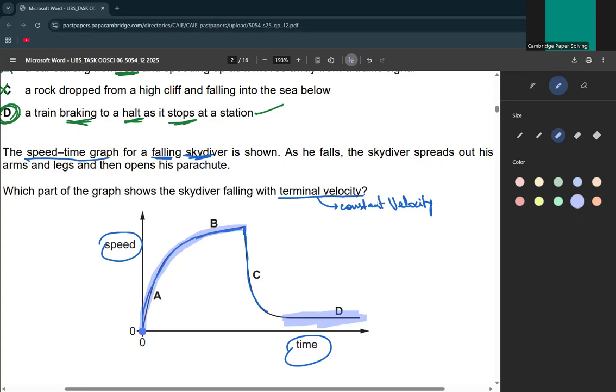A and B are the same, they are one segment. You can't separate them.